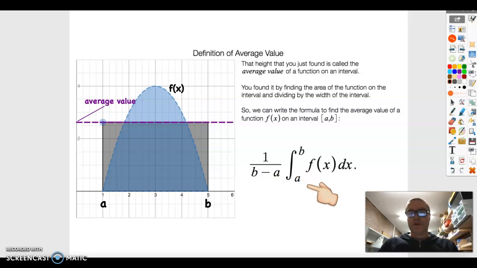Once we've used the fact that those two areas are equal, this leads us to a formula for the average value of a function between 2 points a and b. So here's our definite integral, the integral of the function from a to b, multiplied by 1 over the width of that interval, in other words, 1 over b minus a. So there's our formula for the average value of a function.